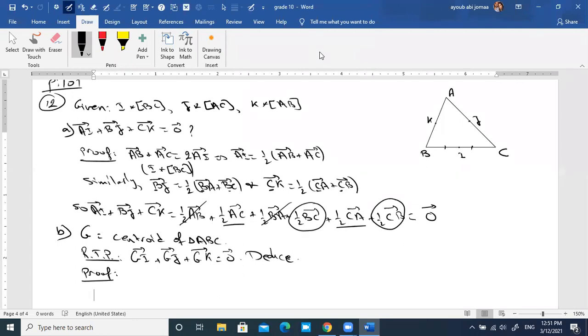To start, GI plus GJ plus GK is equal to... You start from this one that you have to prove is 0. Okay. Yes. Right.